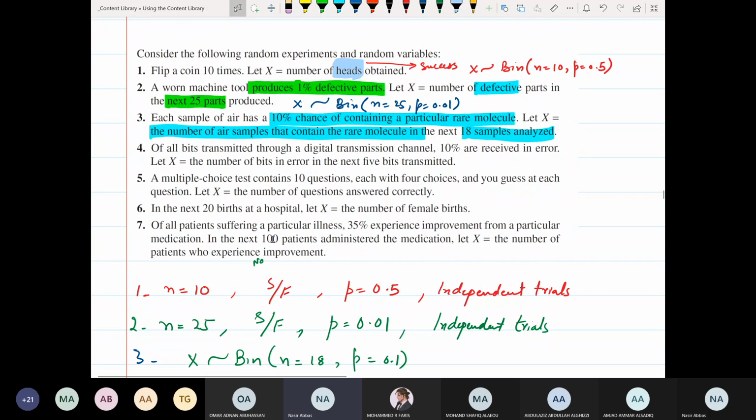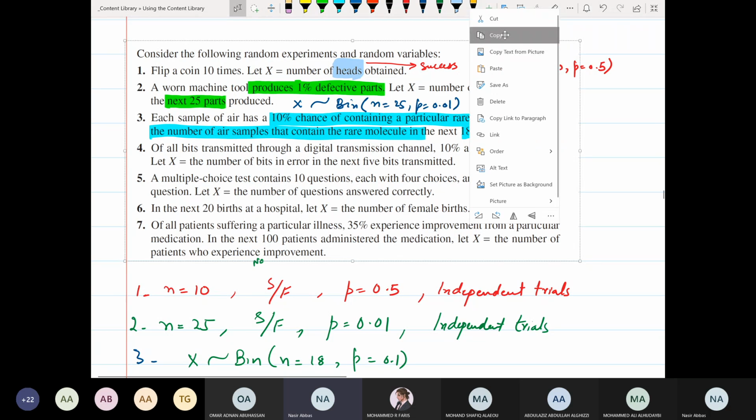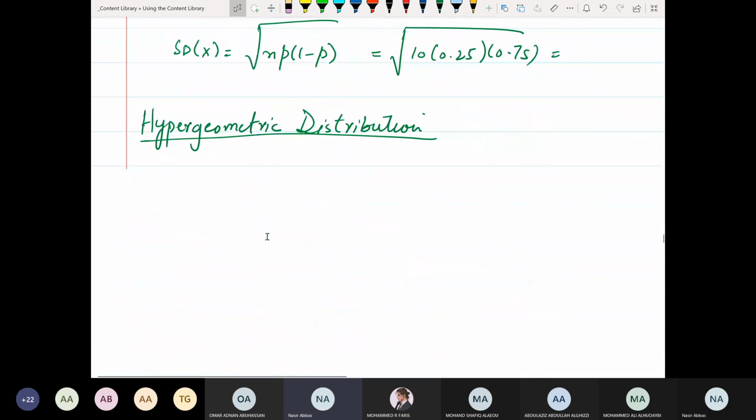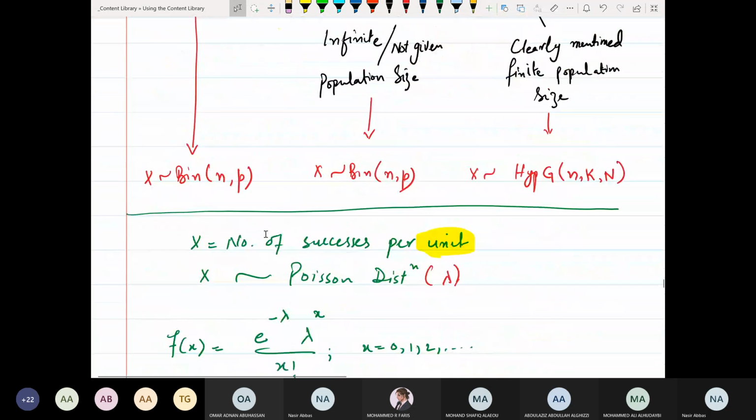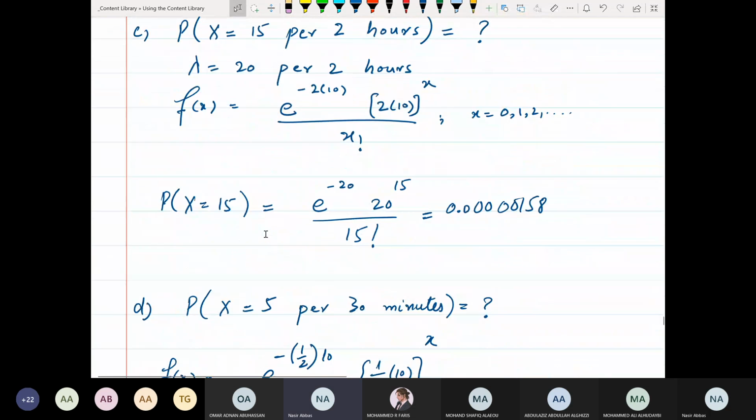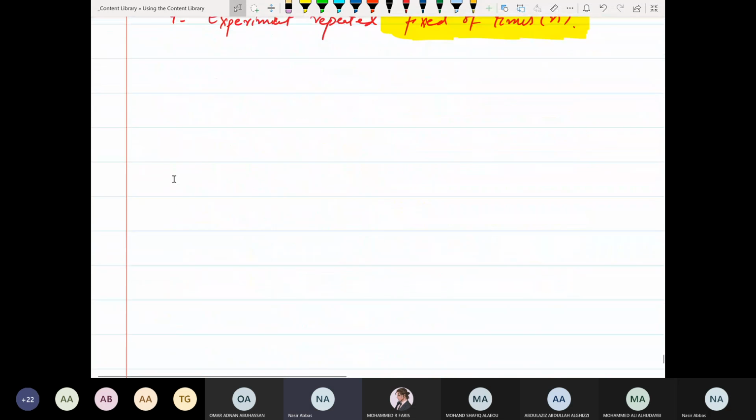Of all the patients suffering from a particular illness, 35%, next 100 patients, X denotes the number of patients who experience the improvement. Let me copy this, and paste it here.